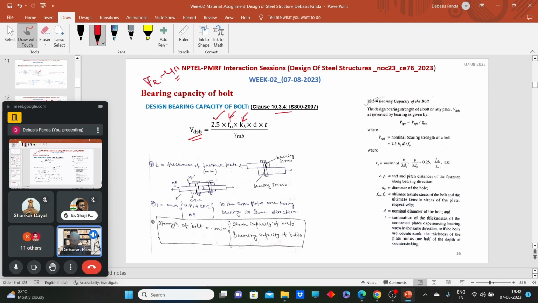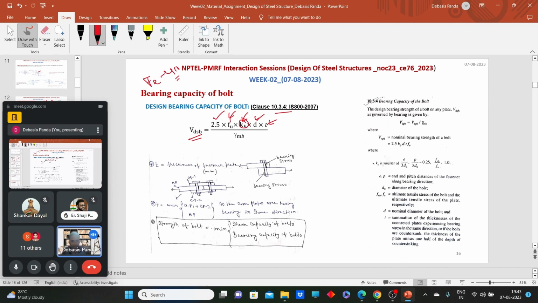Now what is that kb? That is a factor which caters for the pitch, edge and end distances. I will come to it later, how we can calculate the kb value. d is the nominal diameter of the shank. T, we have to understand what that t means. First, let's try to understand what kb means. It's a factor which caters for the pitch distances, edge distances and end distances during the calculation of bearing capacity of the bolt.